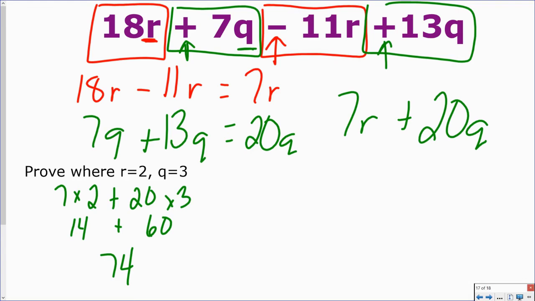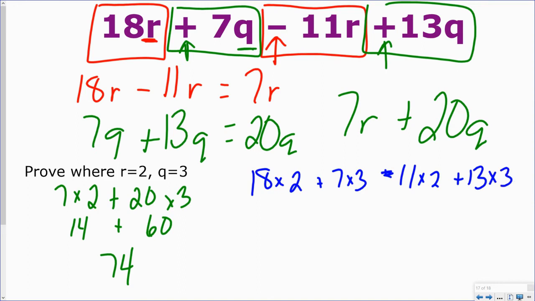And then when I do the same thing with my original expression, I would have 18 times 2 plus 7 times 3 minus 11 times 2 plus 13 times 3.